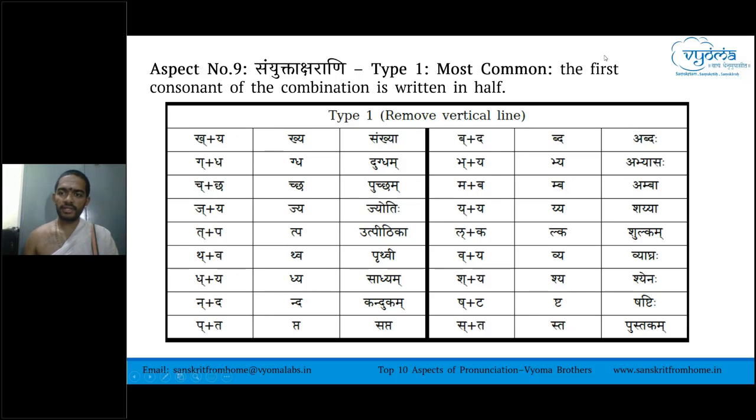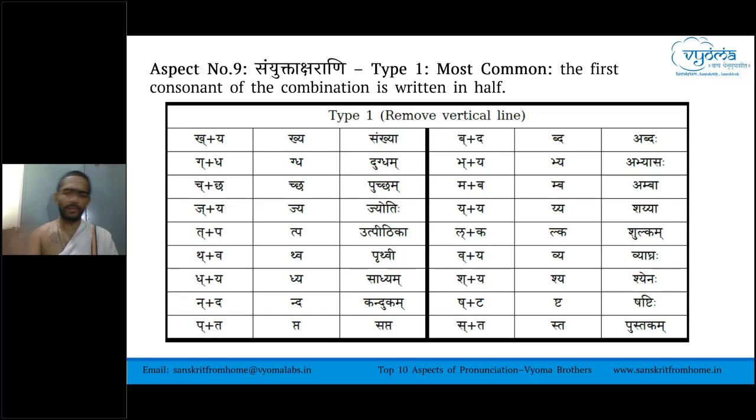The first type of Samyukta aksharas is where a consonant is written in half, followed by a full letter of the next. This is the most common type. If you have Sankhya, for example, Ka is written in half, Ya is written in full. Sankhya. The word Amba, Ma is written in half, Ba is written in full. Amba.